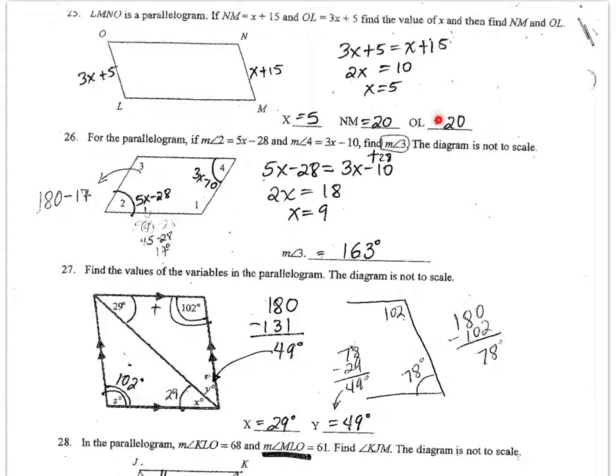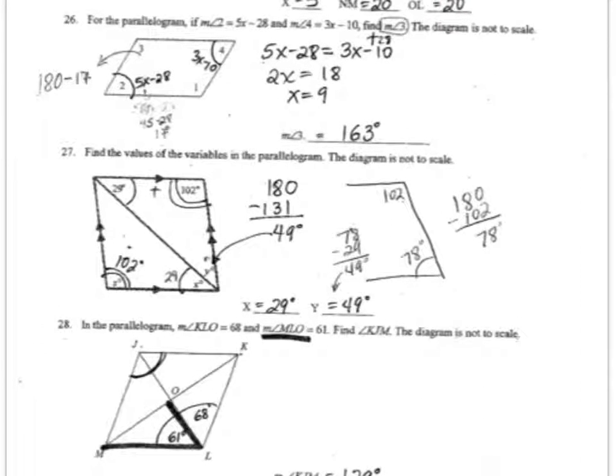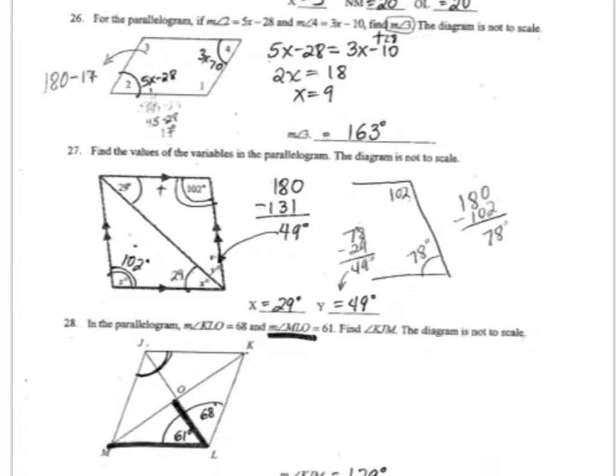Number 26. In 26, you know that opposite angles are congruent. So first thing you need to do is let those two angles equal to each other. 5x minus 28 equals 3x minus 10. Subtract 3x is 2x. Add 28 is 18. Divide by 2, it's 9. Then once you have x equals 9, you plug it into one of the angles.